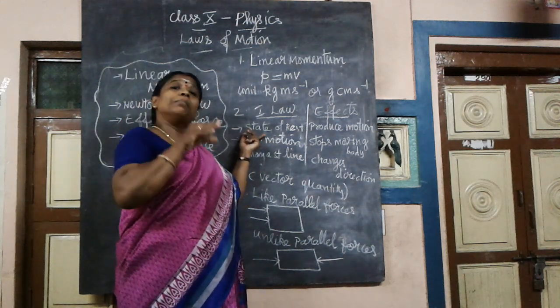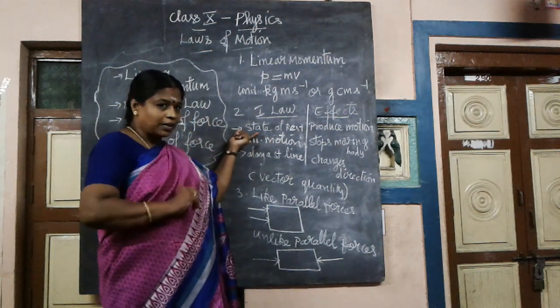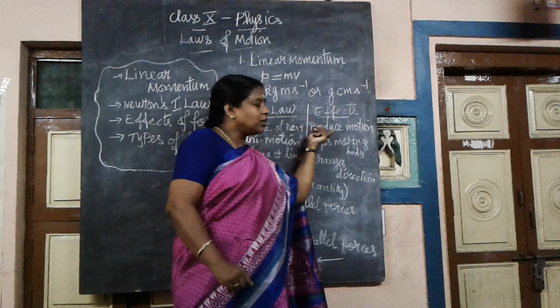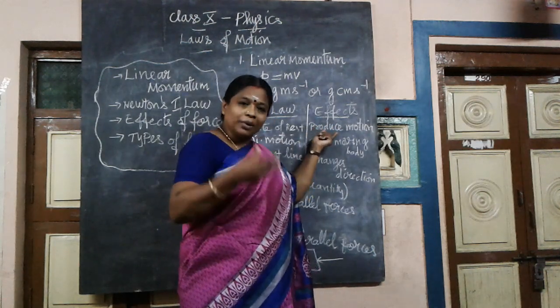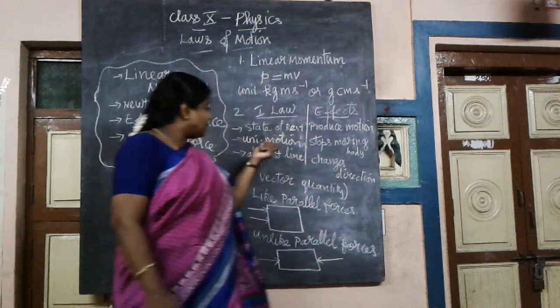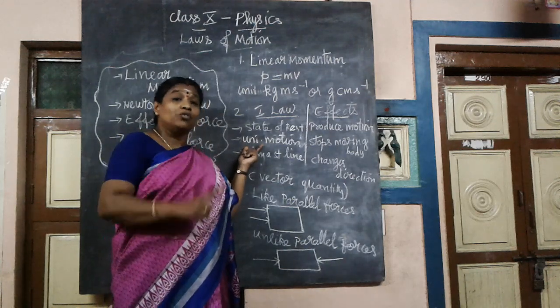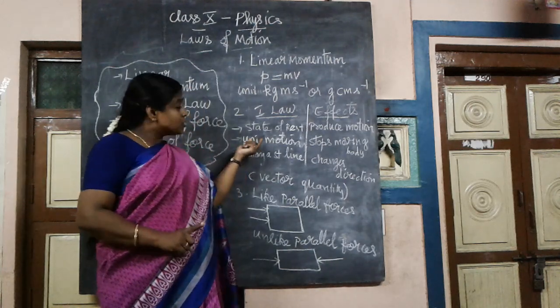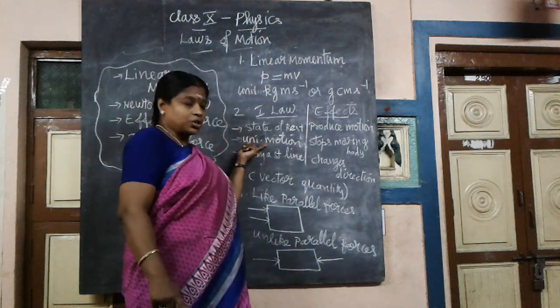So when a force is applied on a body, the body changes from the state of rest. So what will happen? The force will produce motion. It will produce or try to produce motion on a body. And then when a force is applied, it changes the state of uniform motion of a body. So when a body is moving, then only it will be in uniform motion, right?